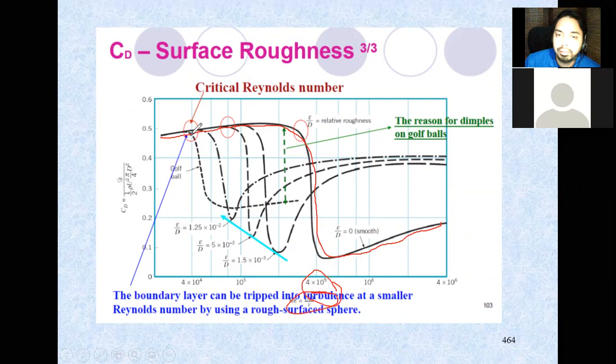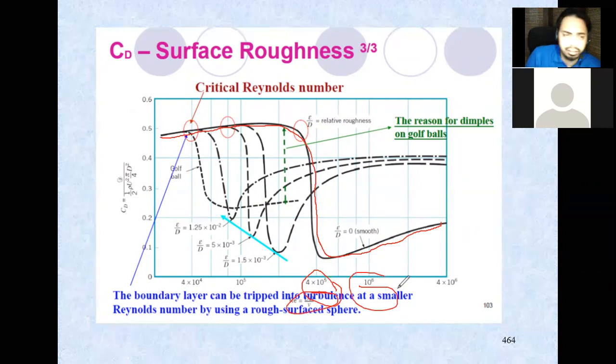There is a way to modify this, because in order to reach this, you have to have high velocity. For example, for the golf ball, or for the ship that you talked about previously, it's hard to get to that velocity, right?